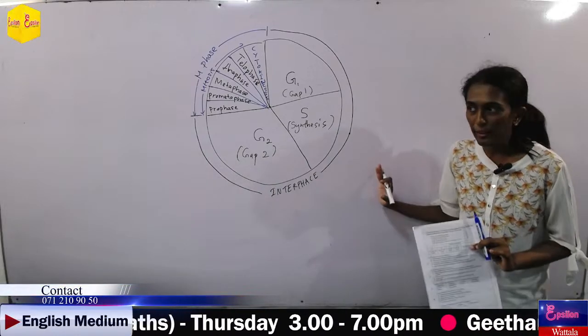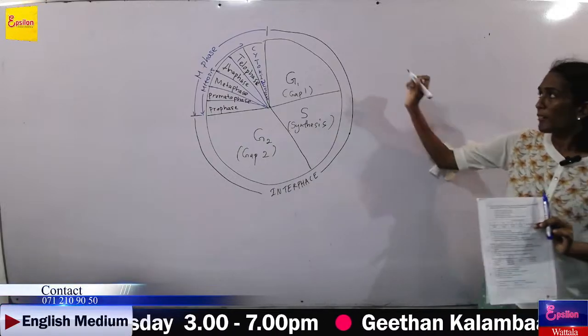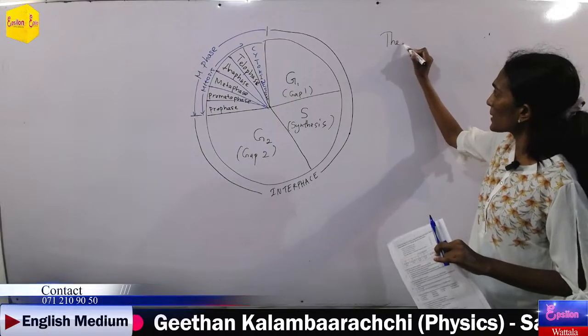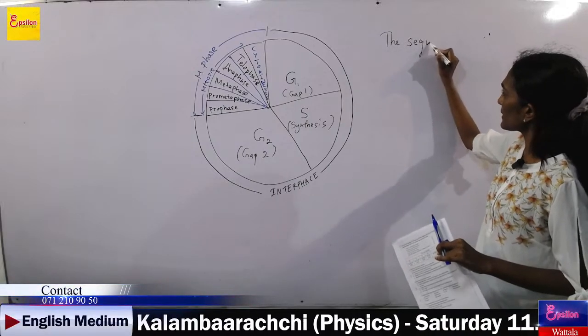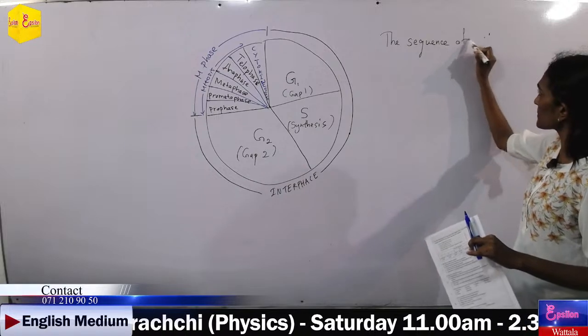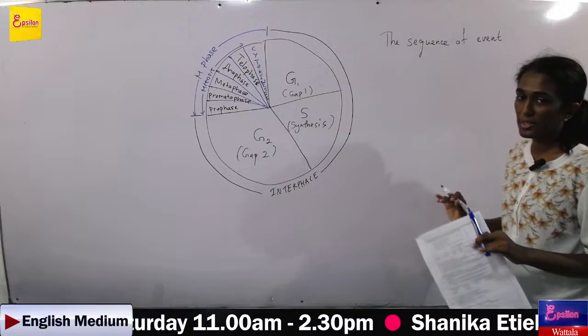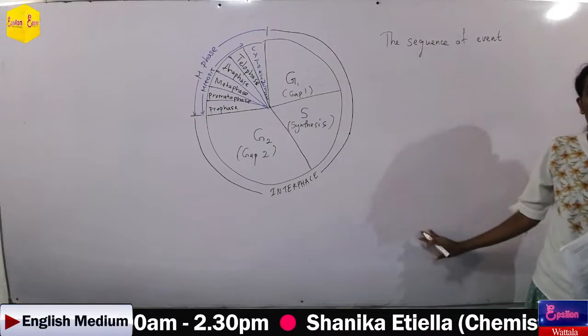Let's define the cell cycle also. What's the definition of cell cycle? The sequence of events. I'm breaking the definition into parts. Let's see how many parts there are.